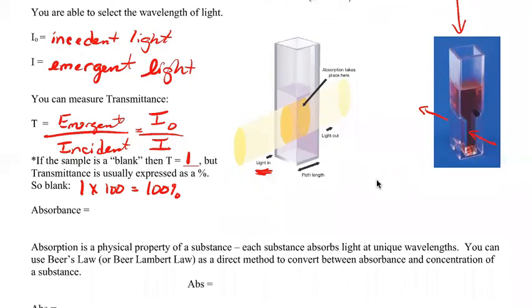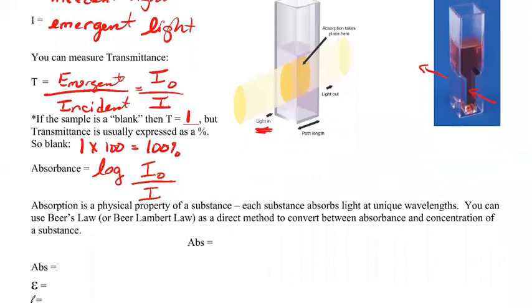We want to know exactly how much light is being absorbed by the sample. That's actually an individual characteristic of the substance, a physical property of the substance. And so to find the absorbance, you take the log of the incident light over the emergent light. And that is what we typically report as absorbance, right?